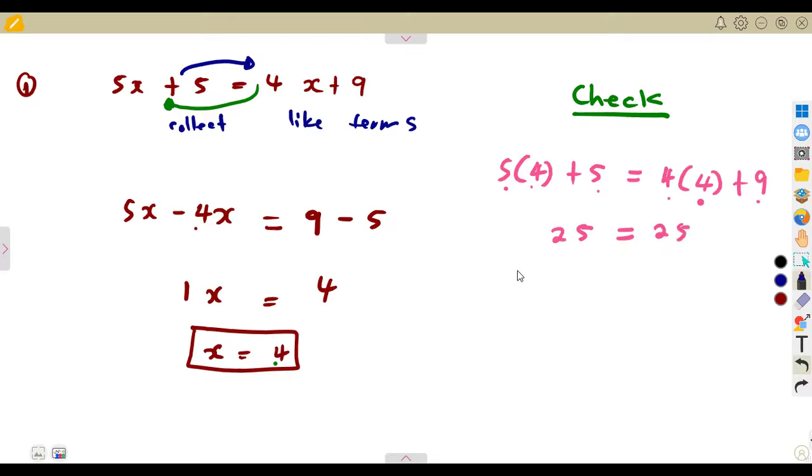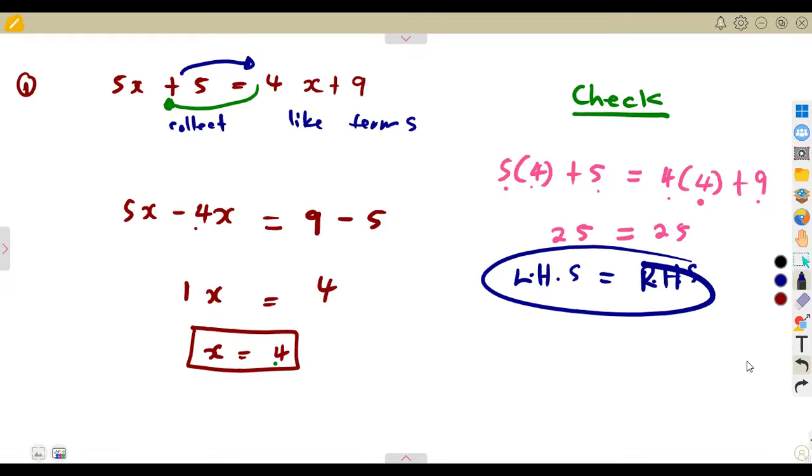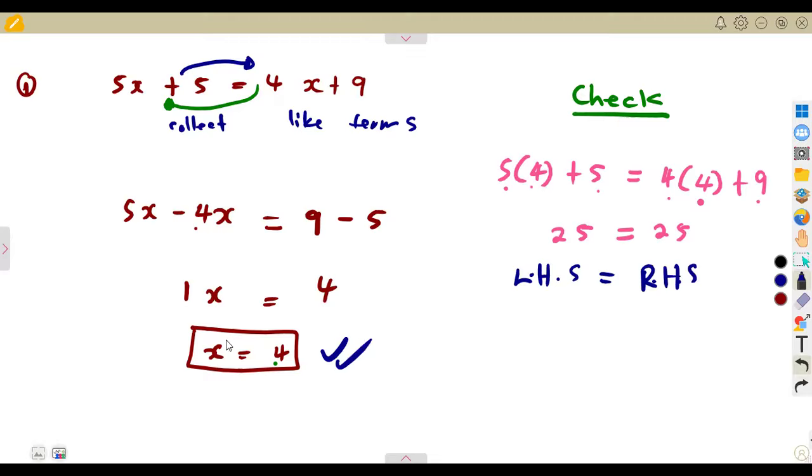So as we can see, the left-hand side is equal to the right-hand side. That means truly our x is correct.